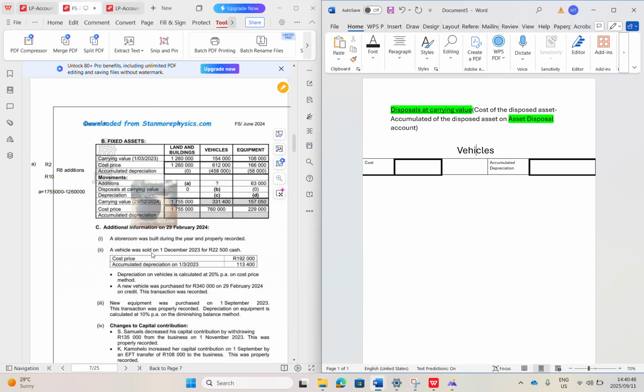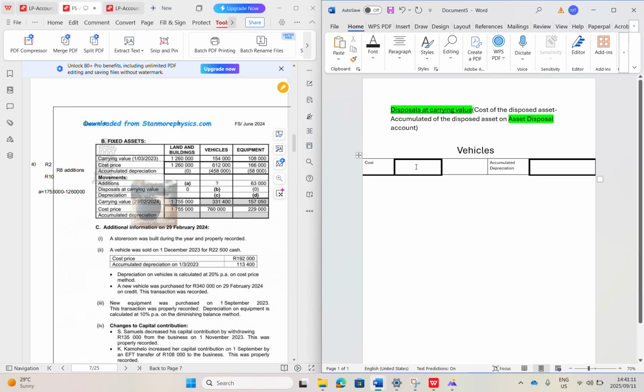Let's read the information carefully, and you must understand the information and know how to deal with it. A vehicle was sold on the 1st of December 2023 for 22k cash. So what was the cost price? I assume you know how to record these things. You have to know the structure of your asset disposal account, where the cost goes and where the accumulated depreciation goes.